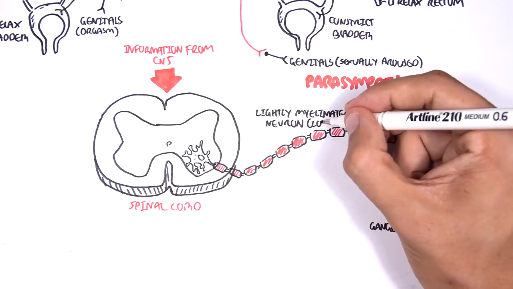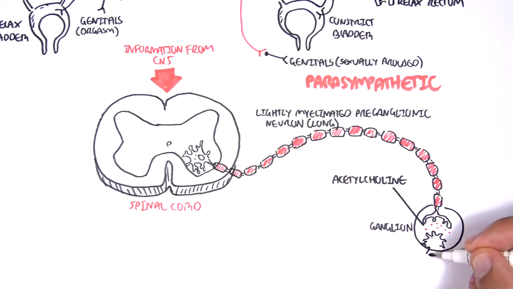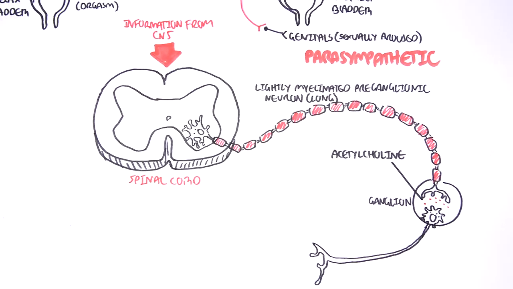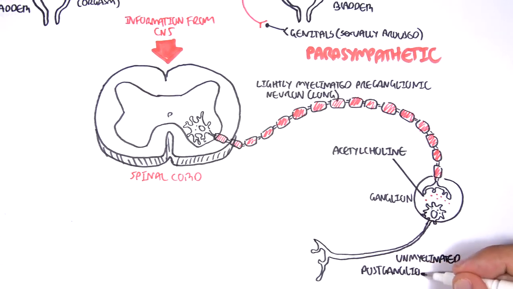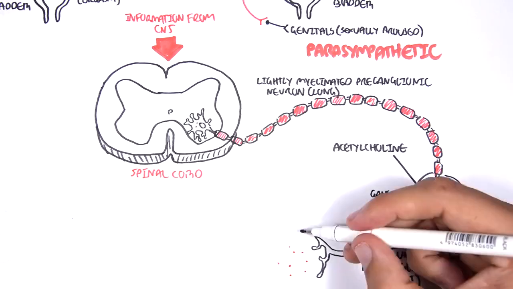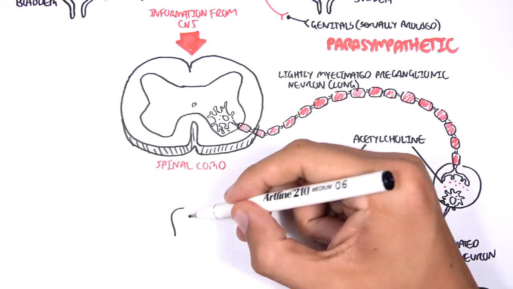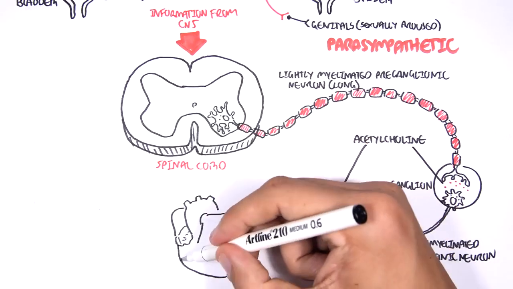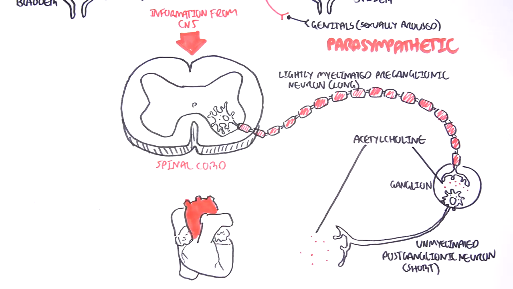The preganglionic neuron will release the neurotransmitter acetylcholine, which will transfer the propagation of information to the postganglionic neuron, which is often unmyelinated and quite short. This postganglionic neuron will release acetylcholine again, which will target a tissue, causing a parasympathetic response.